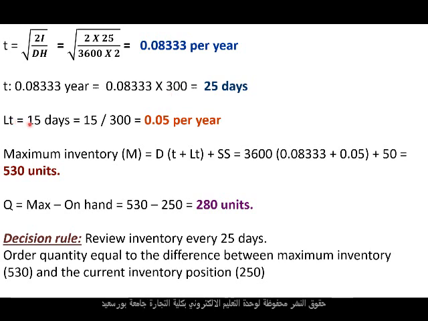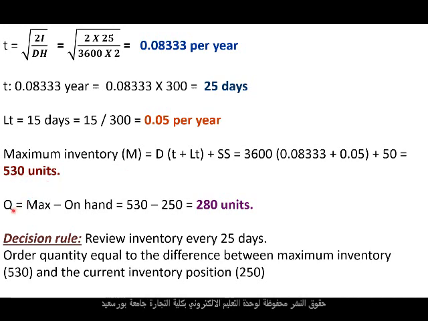Lead time of 15 days is given in the exercise; to change it to years, divide by 300 days. Maximum inventory equals D times T plus LT plus SS, so we get 530 units.